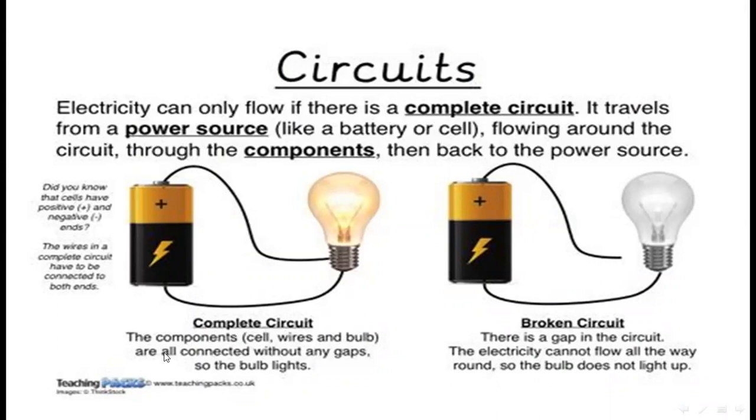See, in a complete circuit, the components, cells, battery, wires, are all connected without any gap, so the bulb lights. But here there is a gap in the circuit. The electricity cannot flow all the way round, so the bulb does not light up.